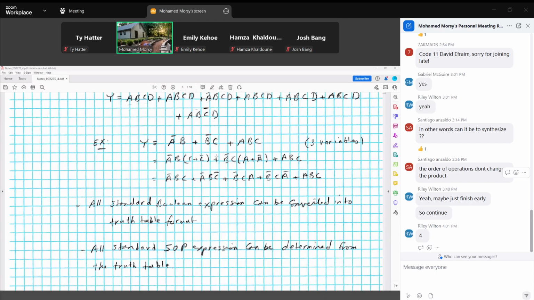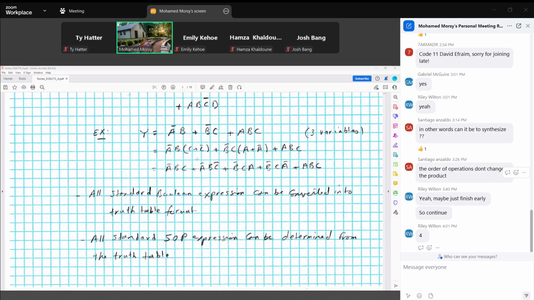Second term, we missed the A, so we multiplied by A plus A inverted. The third one is perfect, so we copy it as it is. Then multiply, then add, so we got this. Now we have the standard sum of product form. Each term has the maximum number of variables, which is 3 for this case.